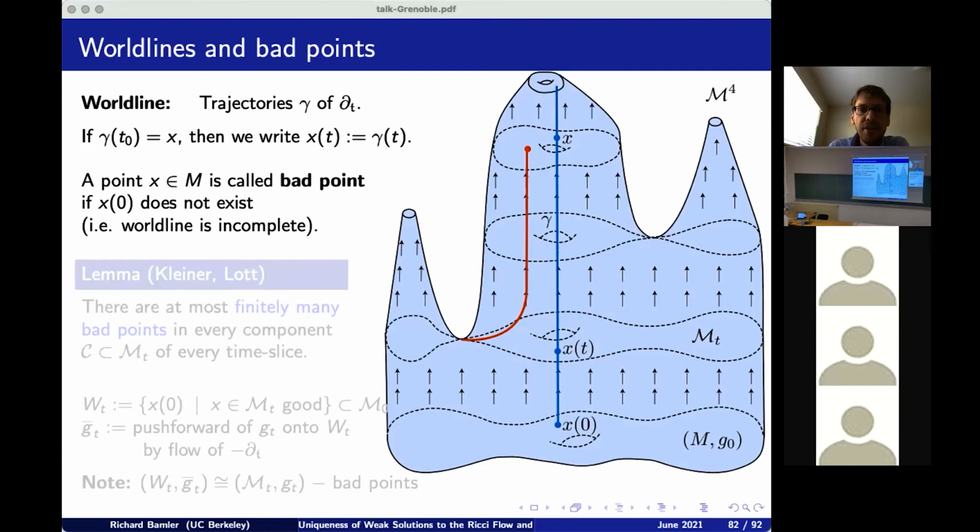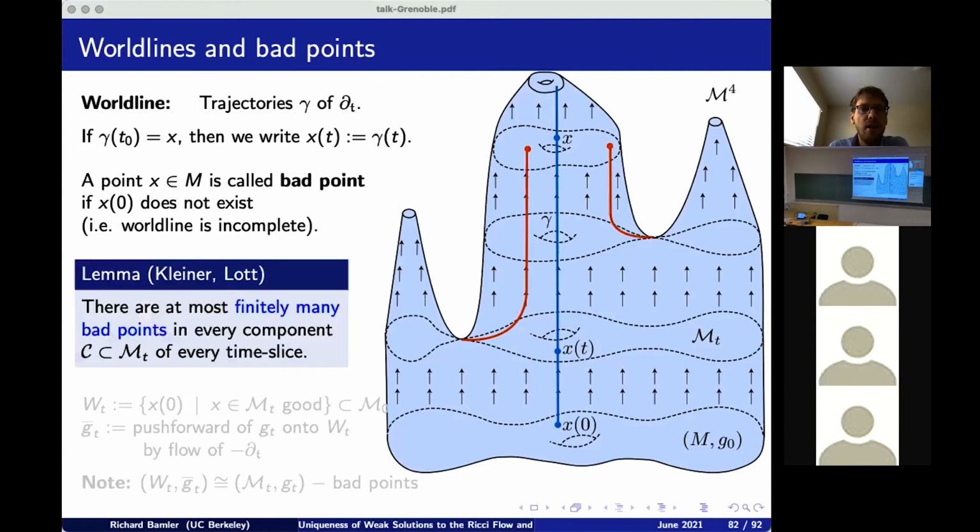And here's a nice observation that is due to Kleiner and Lott. They proved that there are at most finitely many bad points in every component of every time slice. So if you take a component here, there are only finitely many ways that I can run into a singularity.